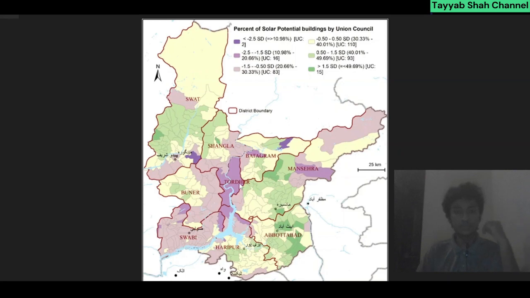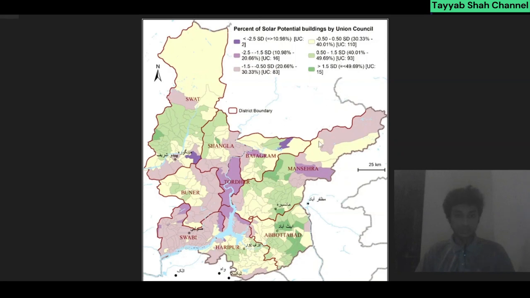If I explain one standard deviation class, let me take the light green one. The class has an interval of 1, and it means that around 40 to 50% of the total buildings in these union councils are most suitable for solar panel installation.